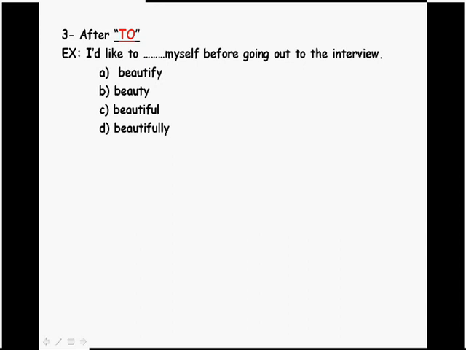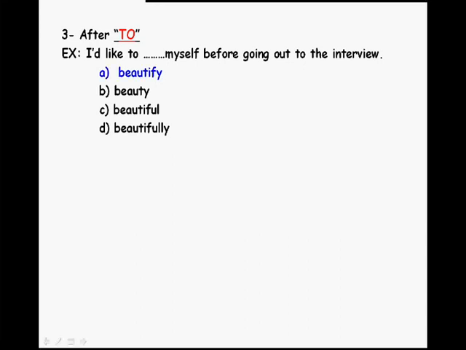Yeah, I think I heard someone saying it. Beautify. Excellent. So, I'd like to beautify myself before, and so on. So, after to, you put the verb. Also, another case is that when you have an adjective, so it's after an adjective.